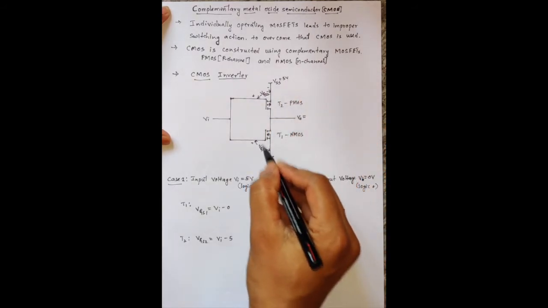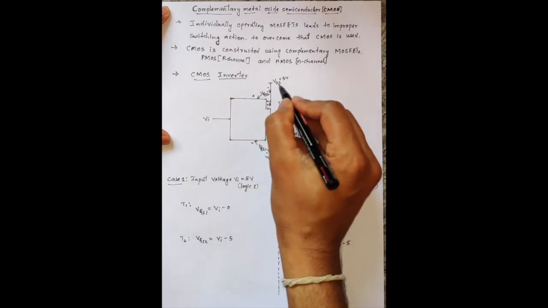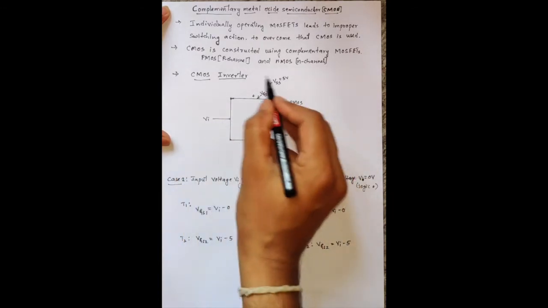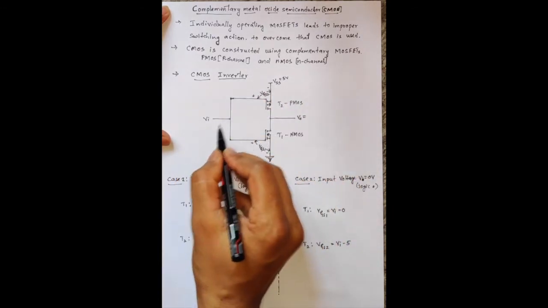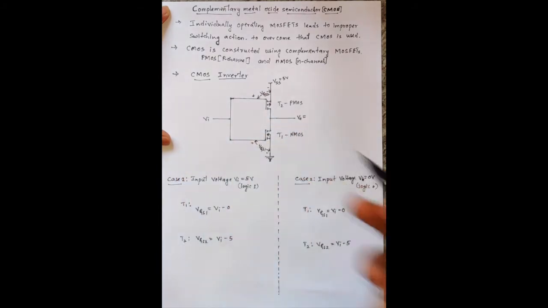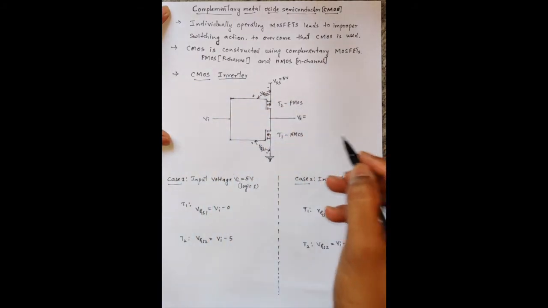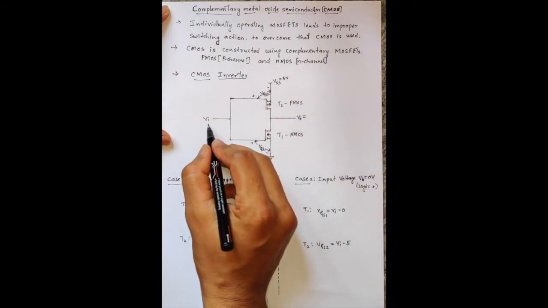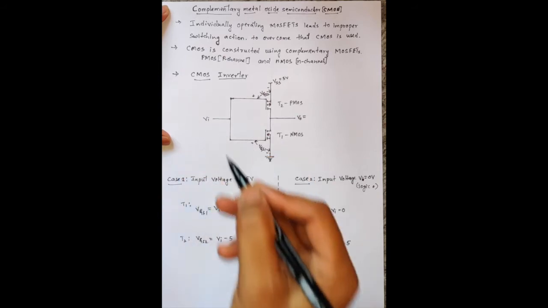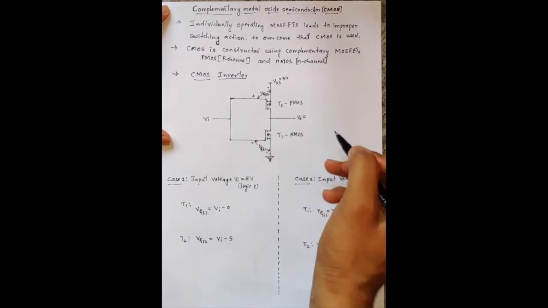The input for transistor T1 is VGS1, and the input for transistor T2 is VGS2. The total input provided for this circuit is V in. Both the inputs are shorted and a single input is provided for this circuit. Since the CMOS is used as an inverter, if I provide the input voltage V in as 5 volts, which digital takes as logic 1, the output should be 0 volts, logic 0.